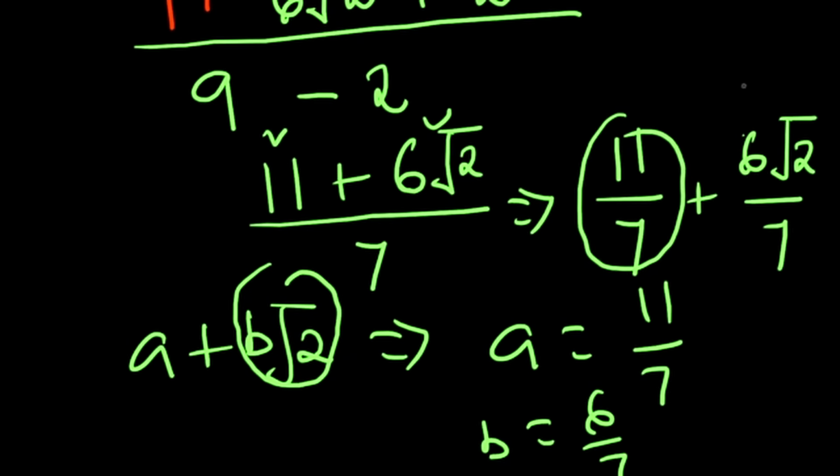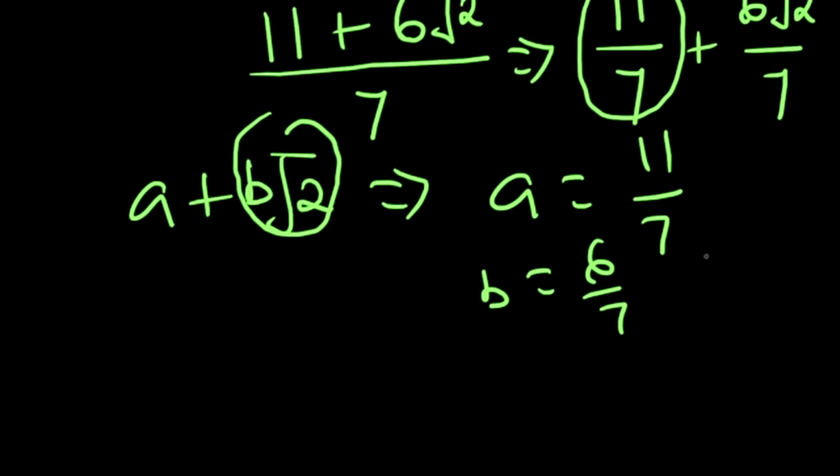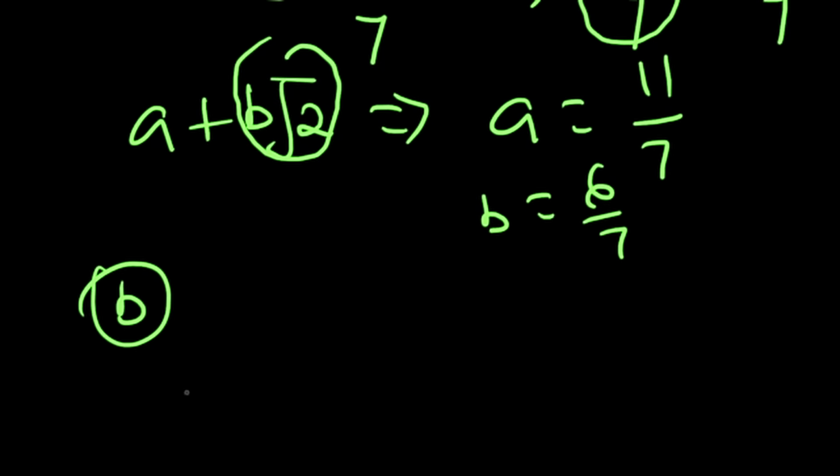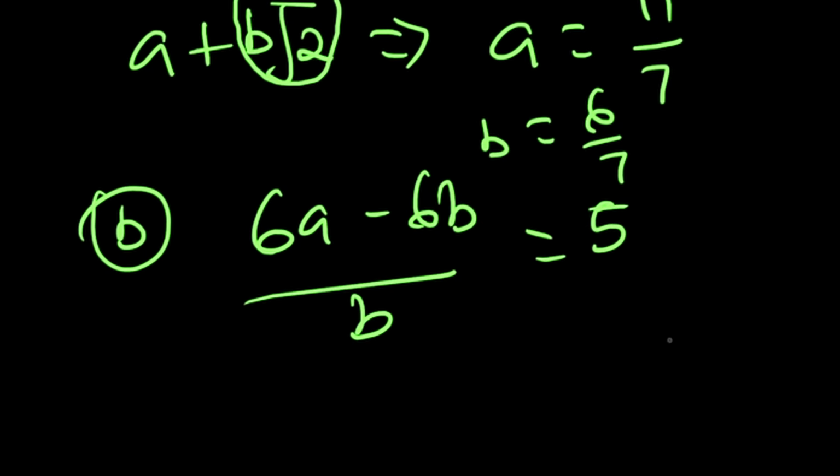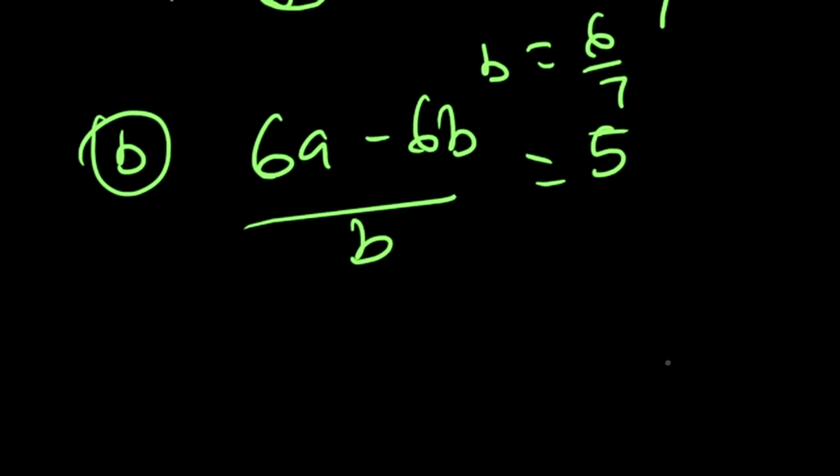Okay, so let's now see if we can solve it and find out if it equals 5. So this is part 2 of the question. Let's see if we can substitute the values of A and B into 6A minus 6B over B to see if this equals 5. All right, so let's do just that.